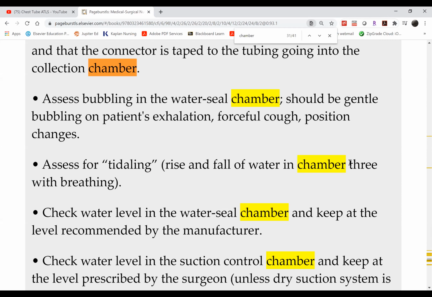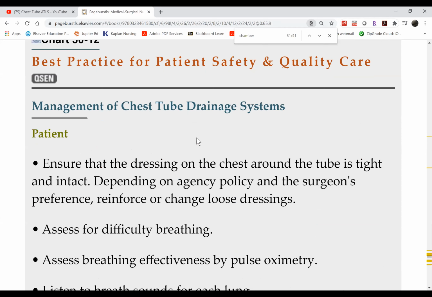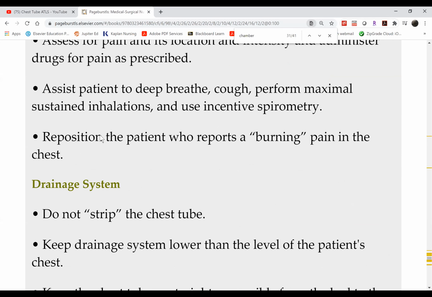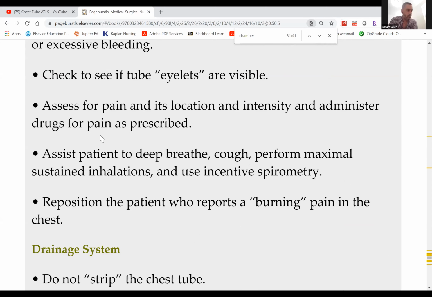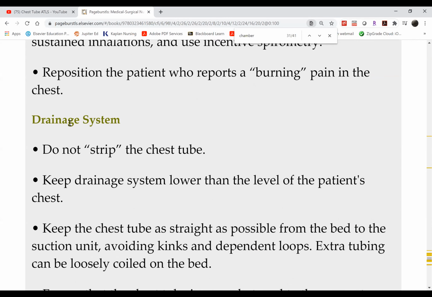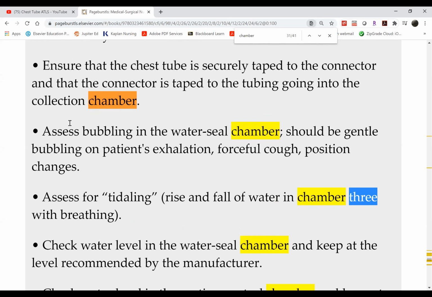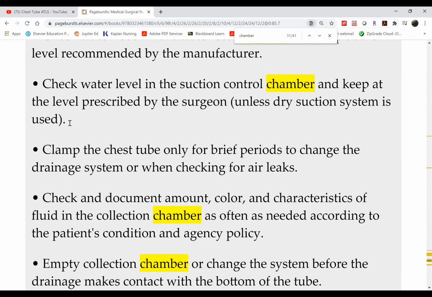Where does it say chamber? I'm confused. Under chart 30-12, it's under patient, actually it's on the drainage system part. So go by patient and then under drainage system, this will be midway.